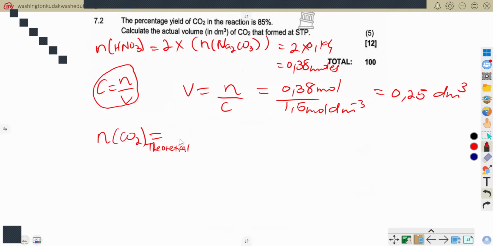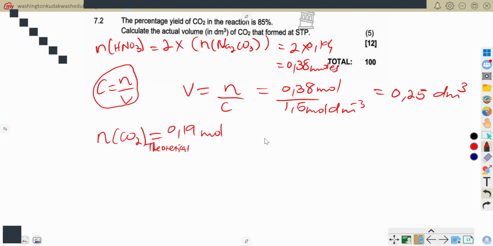These are theoretical values because we are using that reaction. Sorry, 0.38 mole is for nitric acid. For the sodium carbonate, we found 0.19 moles. So that 0.19 is equivalent to the number of moles of carbon dioxide.